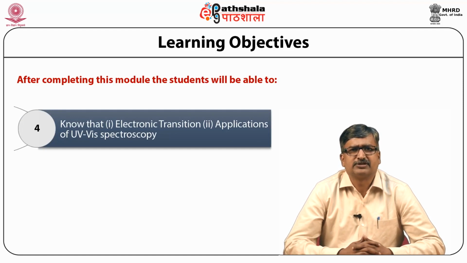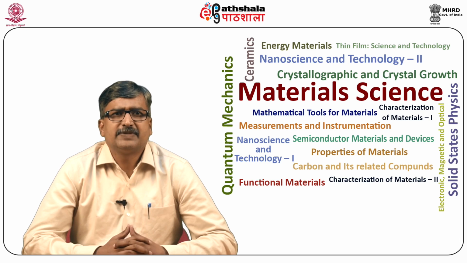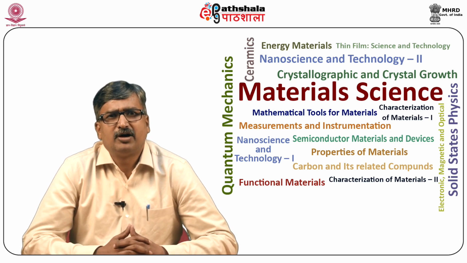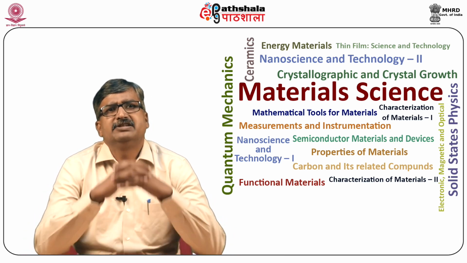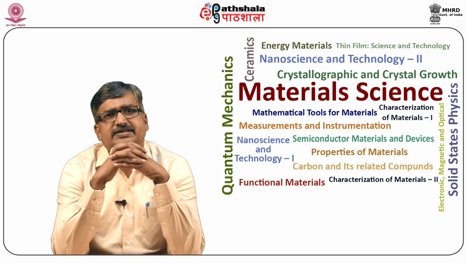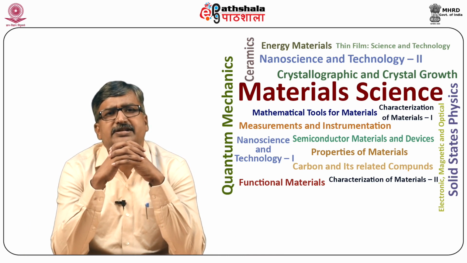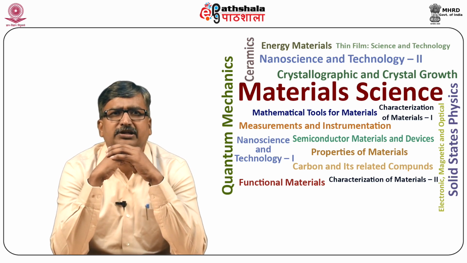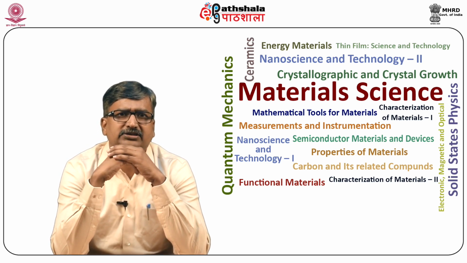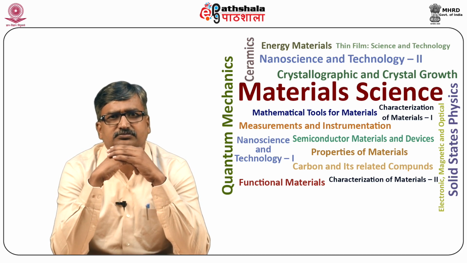UV visible spectroscopy. The spectrophotometer has well been called the workhorse of the modern laboratory. In particular, ultraviolet and visible spectroscopy is the method of choice in most laboratories concerned with the identification and measurement of organic and inorganic compounds in a wide range of products and processes.